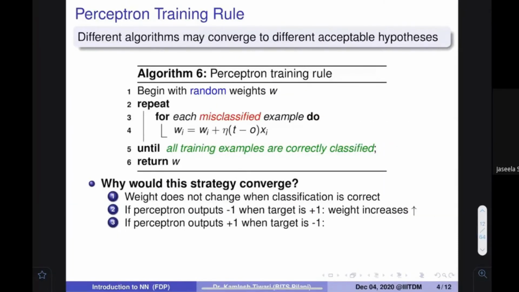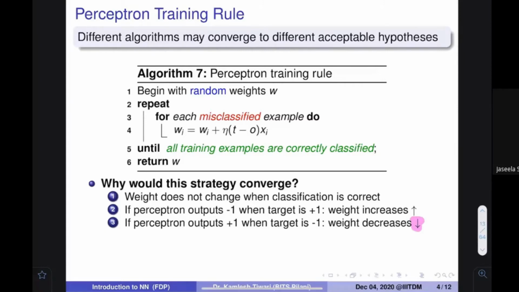And when the perceptron was outputting +1 when the target was -1, you are going to decrease the weight. This increase and decrease ultimately makes your classification for that item right.